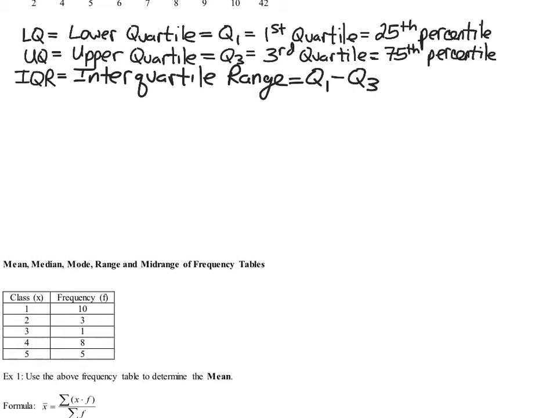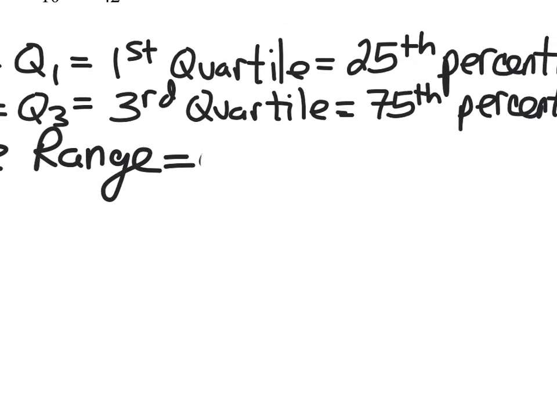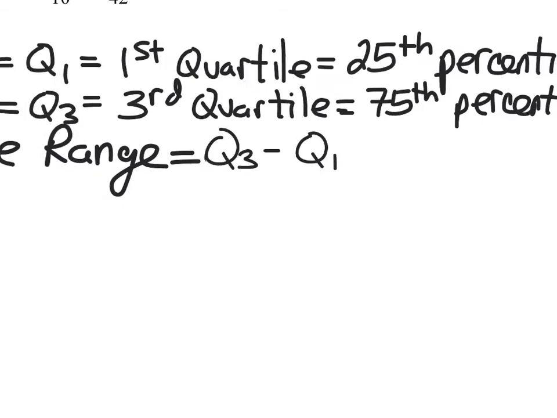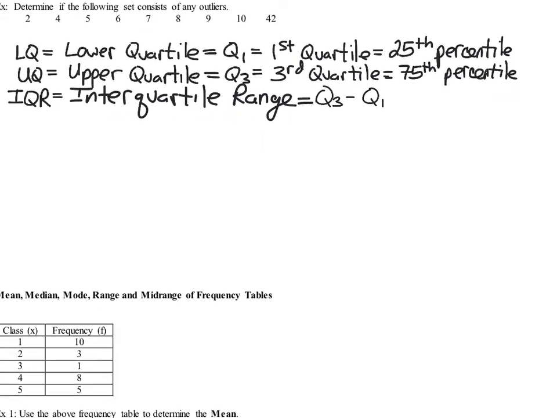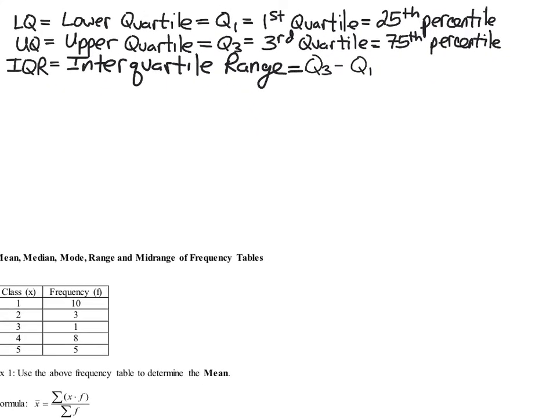Oh, sorry, I wrote it backwards. This is crazy. Q3 minus Q1. It's the whole walking and chewing gum thing. So it's the difference between the upper and lower quartile.